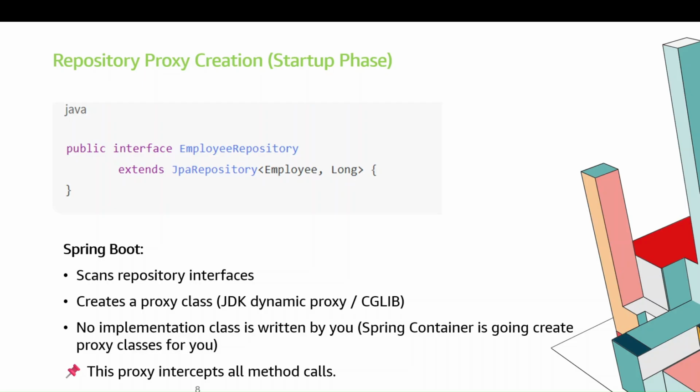When you define an interface which extends JpaRepository or one of the interfaces which I have shown before, and you compile the code and execute, Spring Boot is going to scan all the components, find this repository, and create proxy classes which implement EmployeeRepository, which extends JpaRepository.